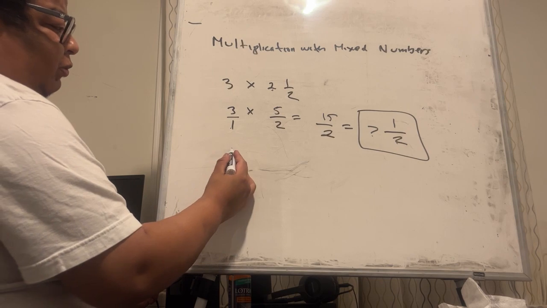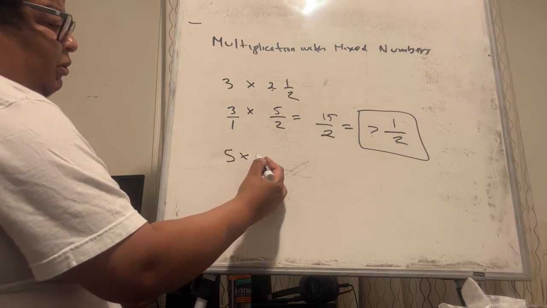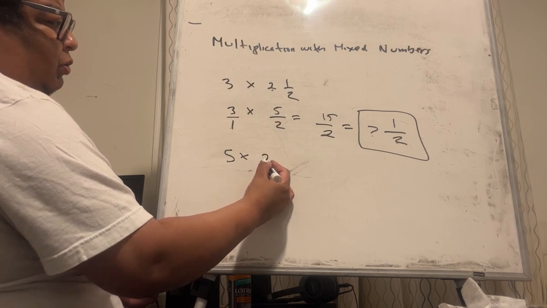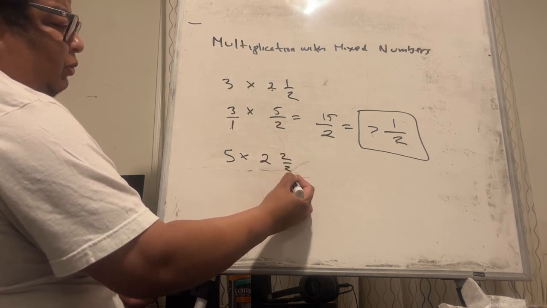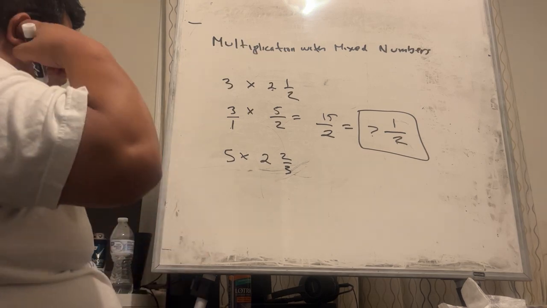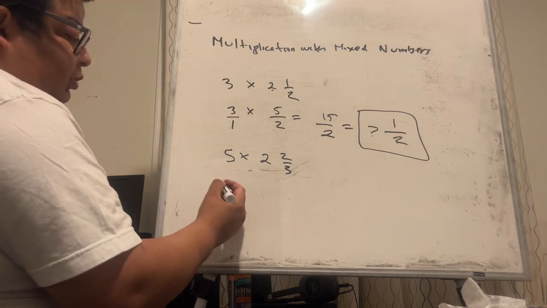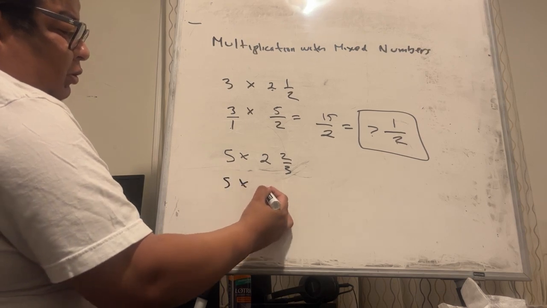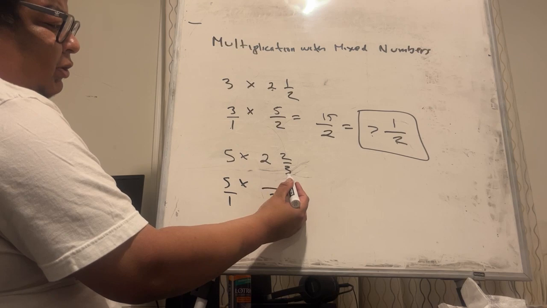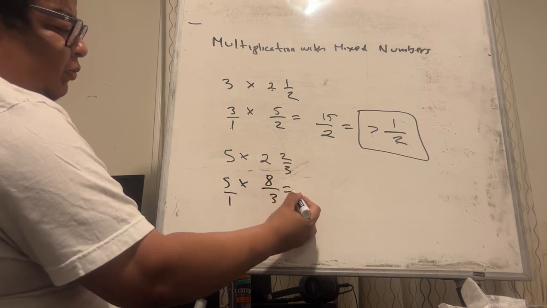Let's do one more. 5 times 2 and 2/3. Okay, same thing. 3 on the bottom, 1 here. 2 times 3, 6. 6 plus 2, 8.